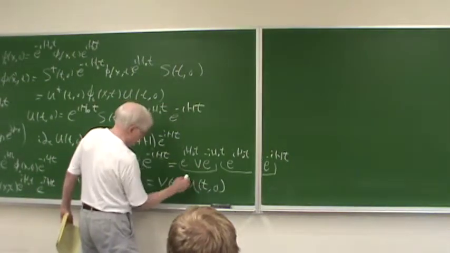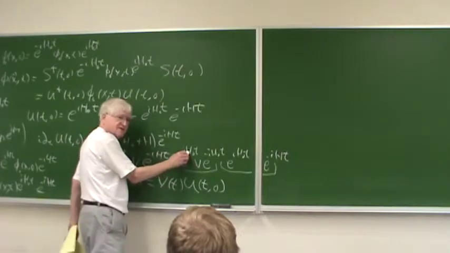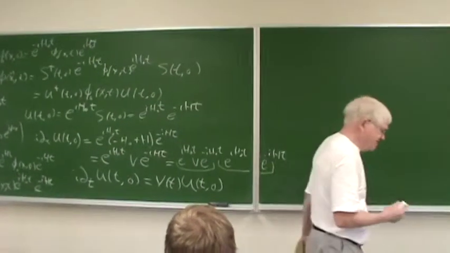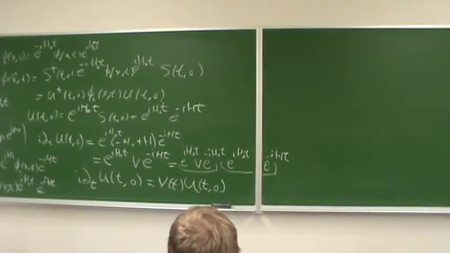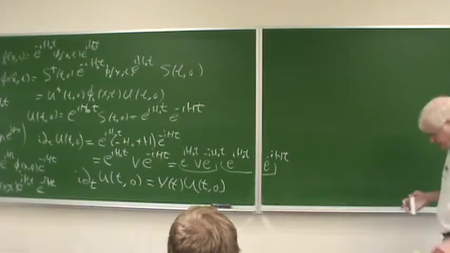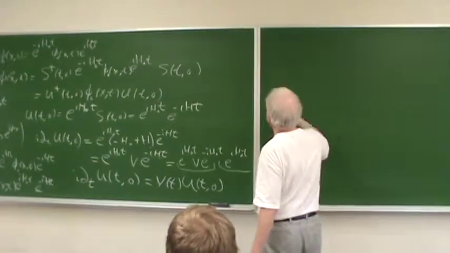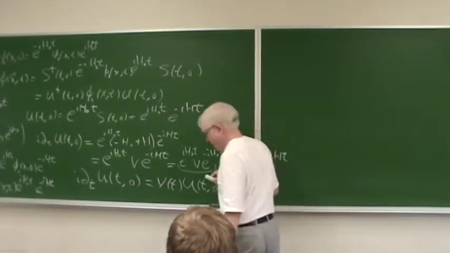So this thing here is v of t. So this is v, time dependence of the free theory. And so that just means that v is some expression of the fields. Those fields then will have free field time dependence.